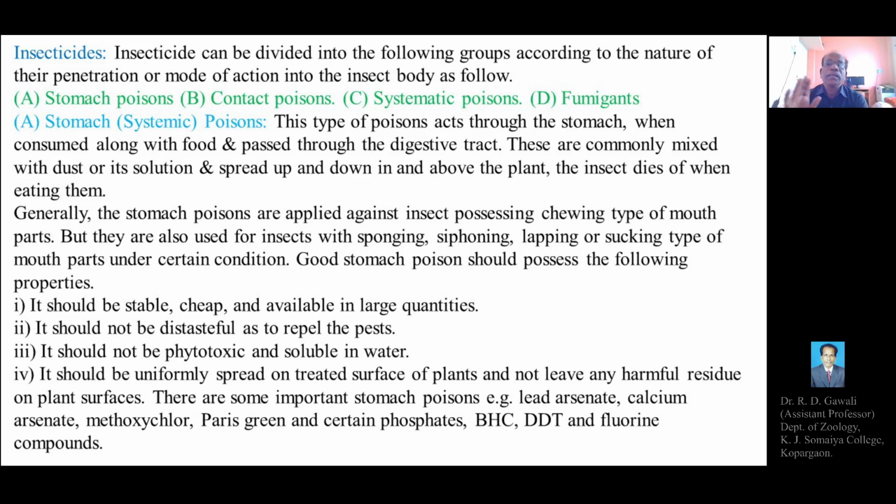Thus these pesticides are called stomach poisons, and examples are lead arsenate, calcium arsenate, methoxychlor, Paris green, certain phosphates or organophosphates, BHC, DDT, and the fluorine compounds.